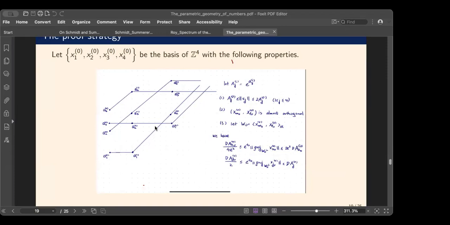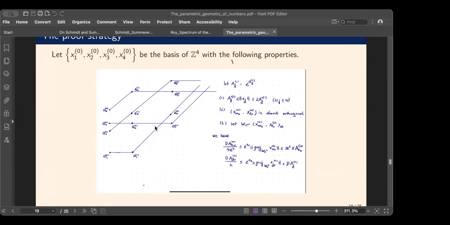For a given rigid 2 times 2 system, we let capital A equal e to the power of A. And in step 0, I begin with these 4 vectors satisfying the following 3 conditions.